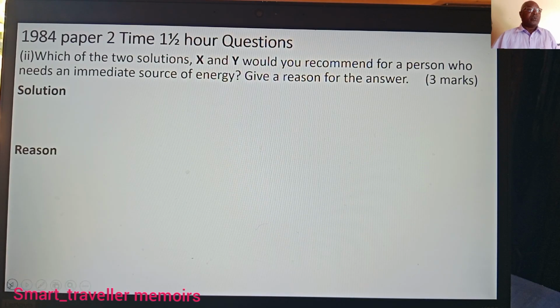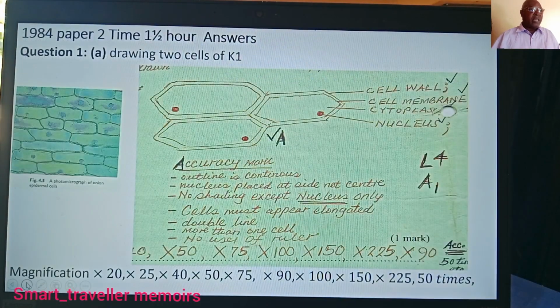Roman 2. Which of the two solutions, X and Y, would you recommend for a person who needs an immediate source of energy? Give a reason for the answer. So we have the solution to be recommended, and then the reason why you recommended that solution.